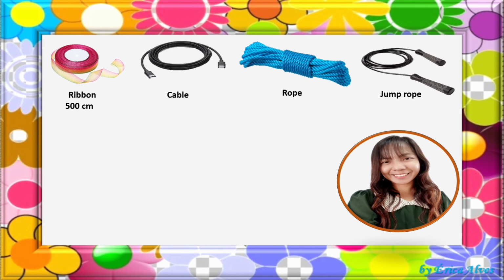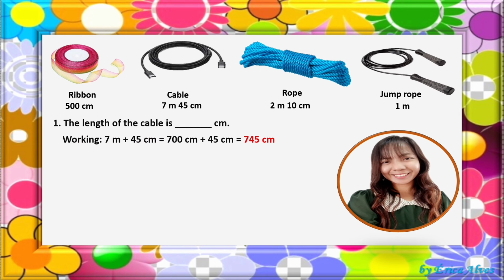The ribbon is 500 centimeters, the cable wire is 7 meters and 45 centimeters, the rope is 2 meters and 10 centimeters, and the jump rope is 1 meter. The length of the cable is blank. We have to convert it into centimeters because our goal is to have the same unit so that we can compare.